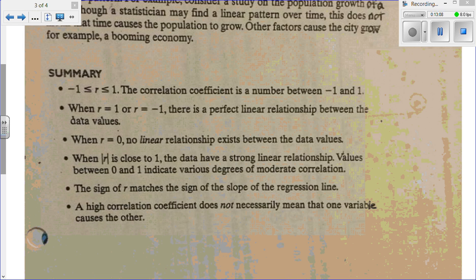When R is equal to 0, there's absolutely no linear relationship that exists between the data values. When the absolute value of R is close to 1, the data have a strong linear relationship. Values between 0 and 1 indicate various degrees of moderate correlation. The sign of R matches the sign of the slope of the regression line. And finally, a high correlation coefficient does not necessarily mean that one variable causes the other.